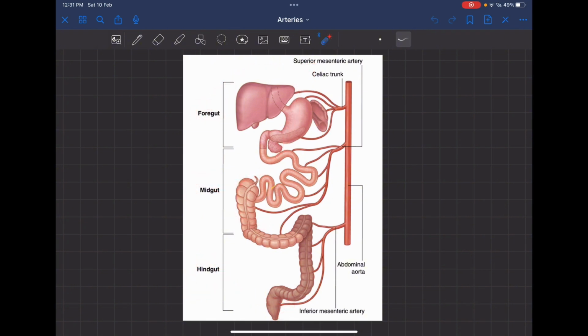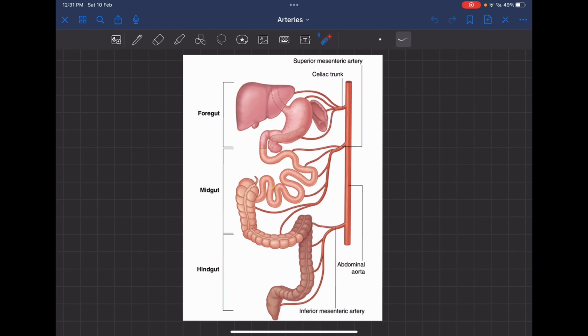And of course, the celiac trunk, superior mesenteric artery, and inferior mesenteric artery are all branches from the abdominal aorta. But let's now discuss which organs make up the foregut, midgut, and hindgut. The foregut always starts from the abdominal esophagus and moves all the way to the proximal part of the second part of the duodenum.